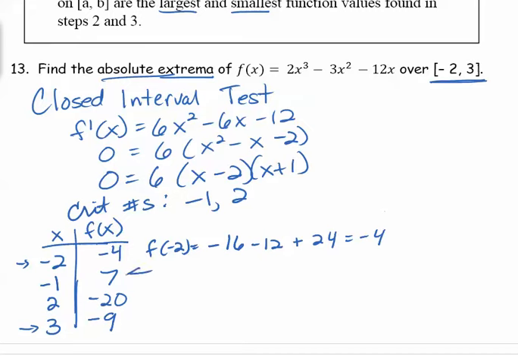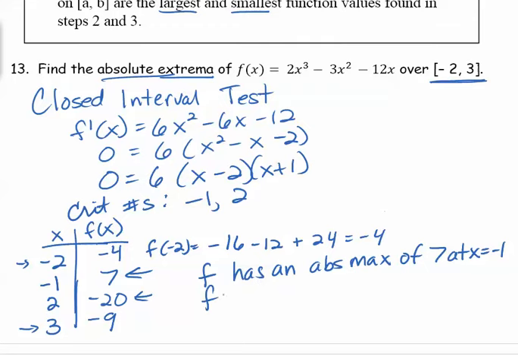So then we've located our absolute max and our absolute min. So we know that f has an absolute max of 7 at x equals -1, and f, not f prime, has an absolute minimum of -20 at x equals 2.